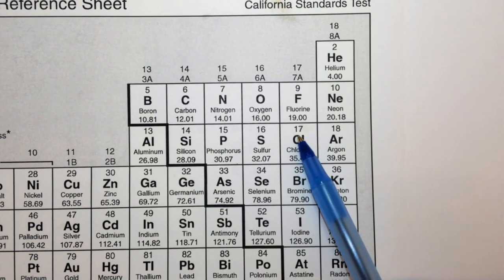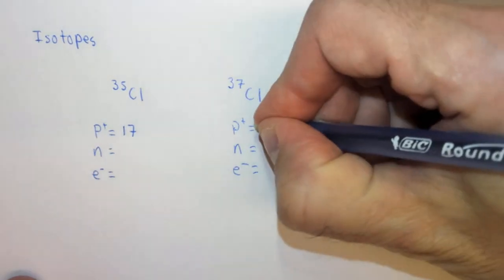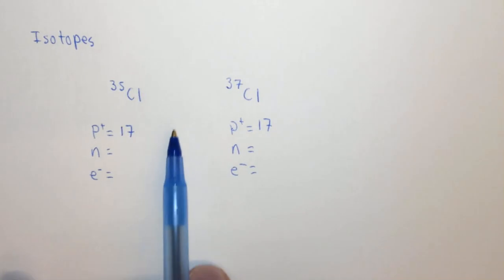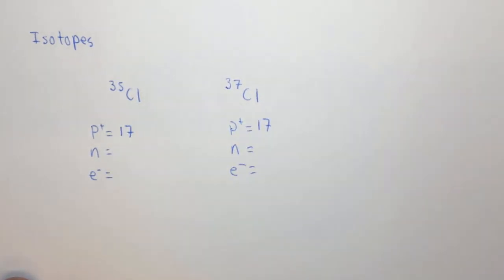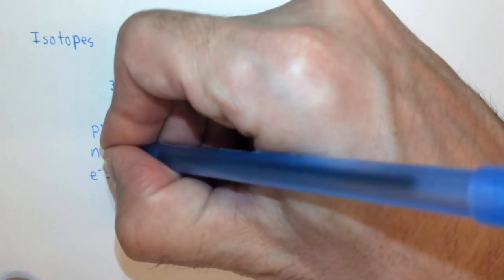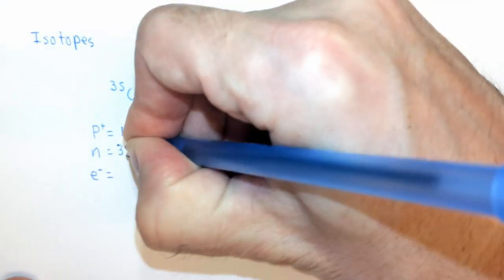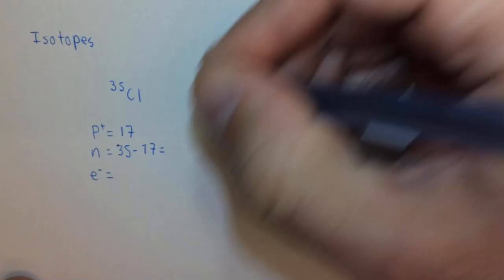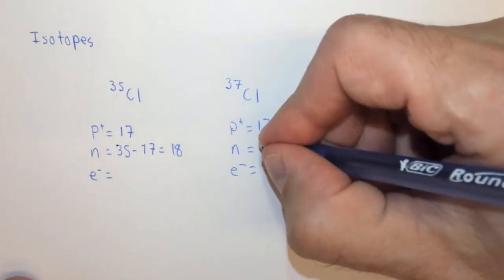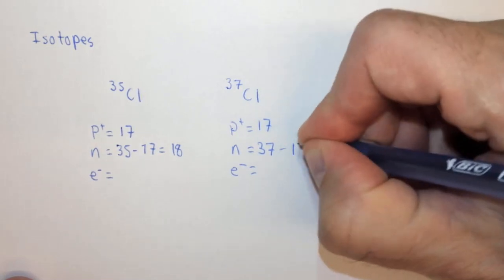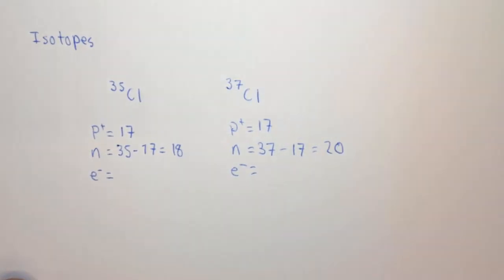We find chlorine, it's number 17. So these both have 17 protons, which makes them chlorine. However, they have a different number of neutrons. This one has 35 minus 17, or 18 neutrons. This one has 37 minus 17, or 20 neutrons.